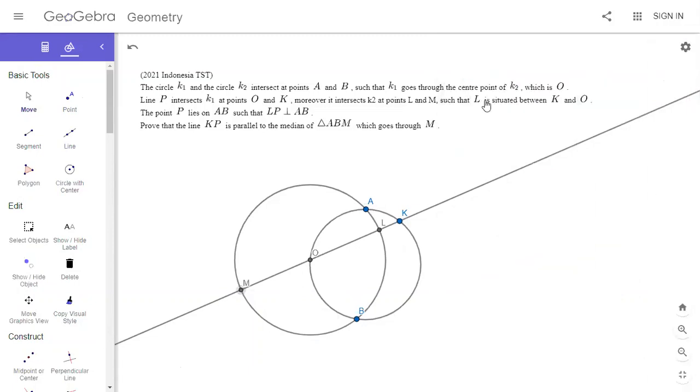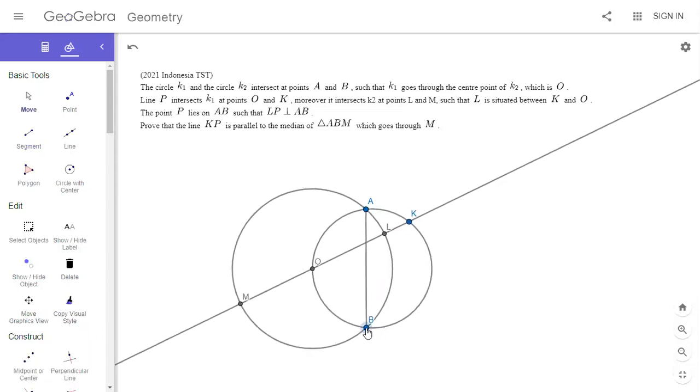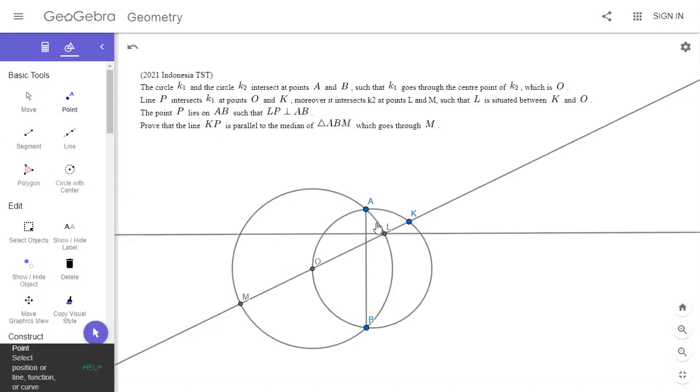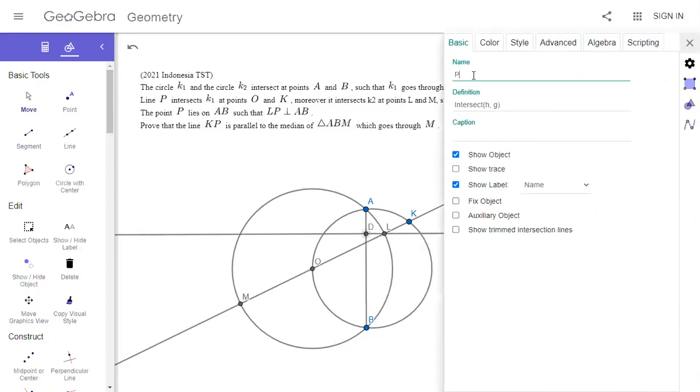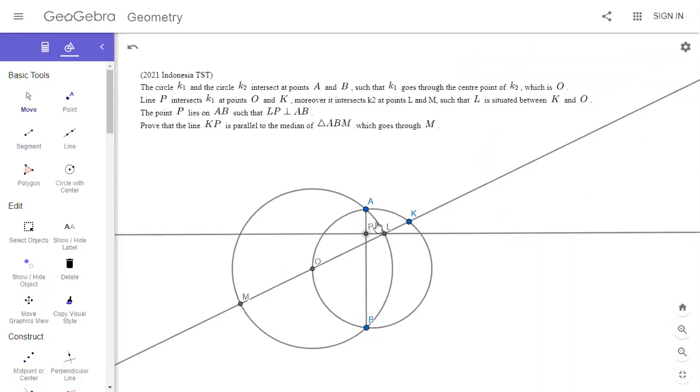Okay. And P lies on AB such that LP is perpendicular to AB. Let me draw it like this. And we want to show KP is parallel to the median of triangle ABM.